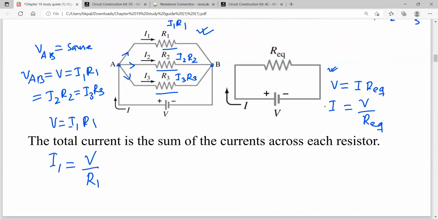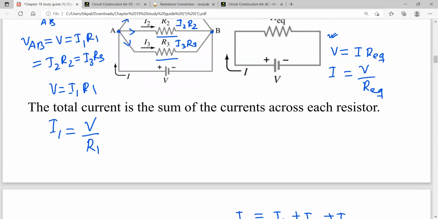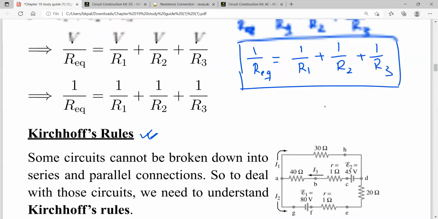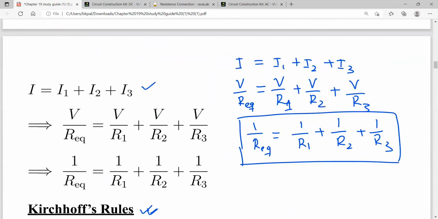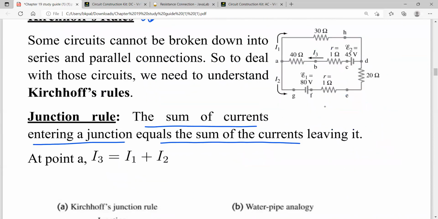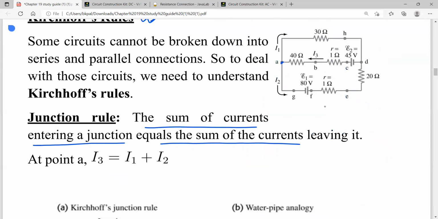We already see it here. I enters here, and then I1, I2, I3 leave A. Here is the junction, so you can write I equal to I1 plus I2 plus I3. The same thing here, for example, if you think about this junction A again, you see I3 is entering A and I1 and I2 are leaving A. So for this junction, it will be I3 equal to I1 plus I2.